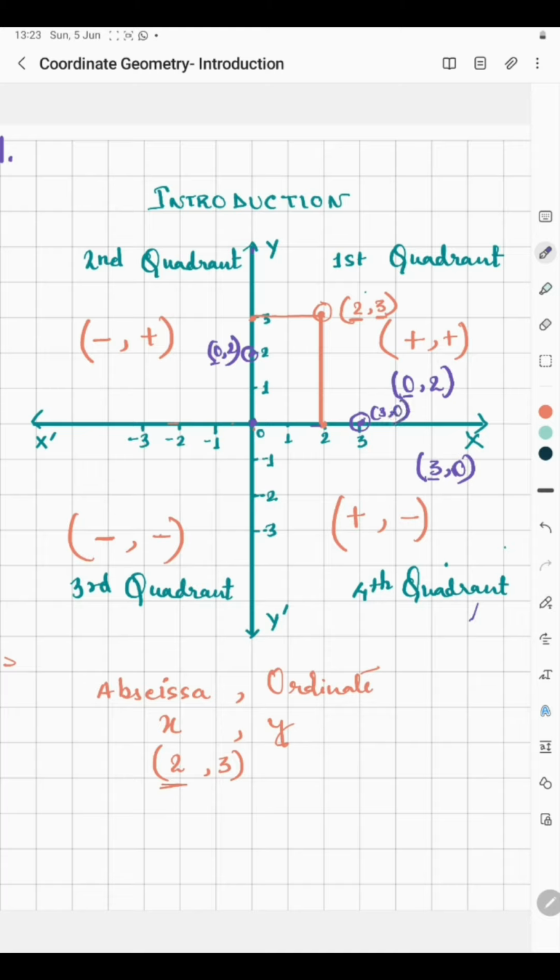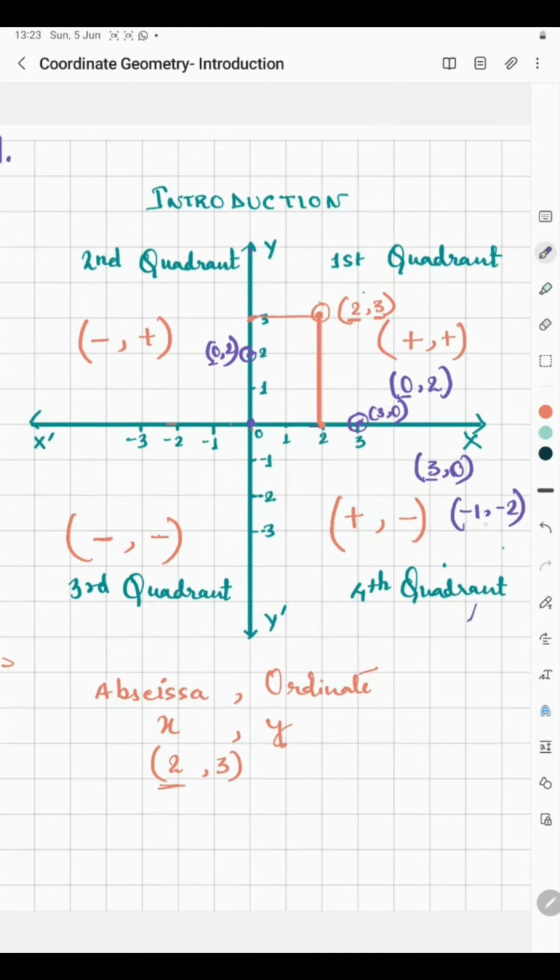Now if we take say -1, -2, where do we locate this? The value of x is -1, so on the x-axis here is -1. And -2, which is the value of y, on the y-axis here is -2.